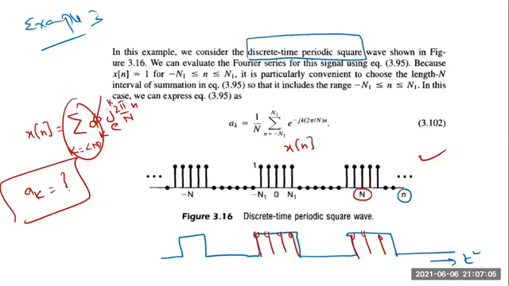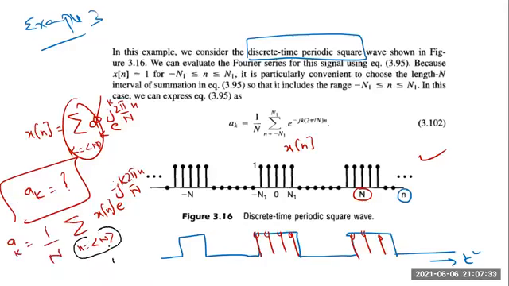So a_k can be found, you can use this equation, which we have derived already. This is the expression: x of n raised to power minus j k 2 pi by capital N times n. So all we need to do is sum this signal over period N. Again, you can see that this summation is over N number of values.